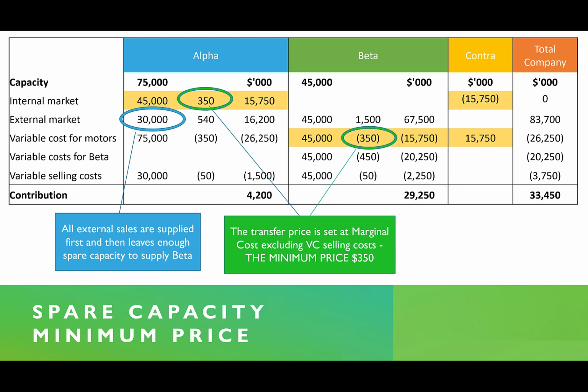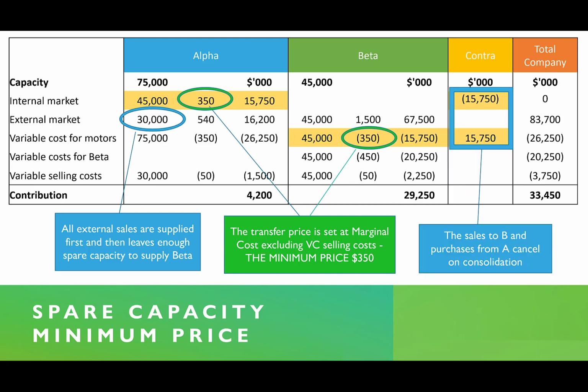We will supply Beta the 45,000 that they require at the minimum price of £350. Now this is the marginal cost excluding the variable selling costs, and therefore the minimum price. The sales from B and purchases from A cancel on consolidation, and the overall profit to the company is £33,450,000.